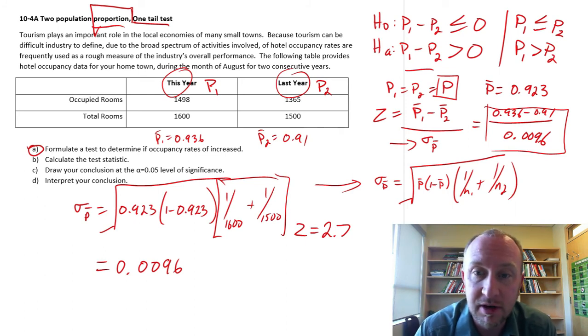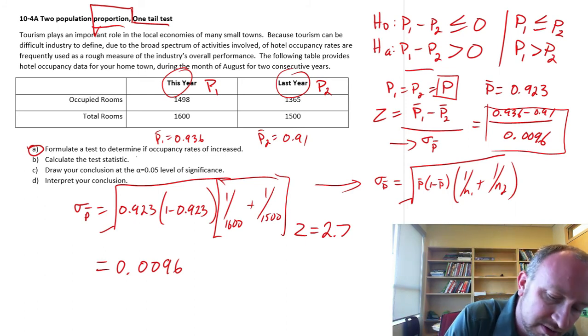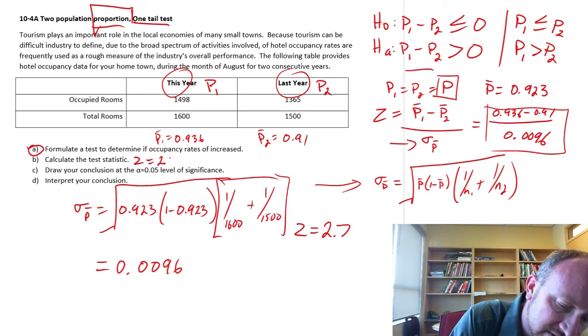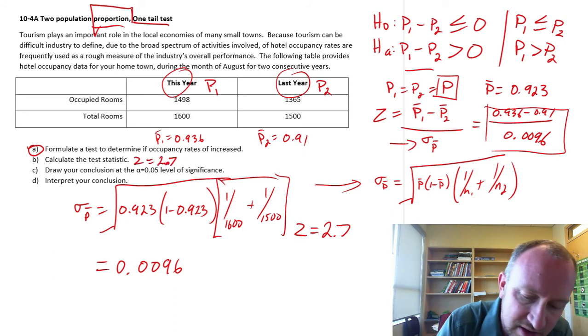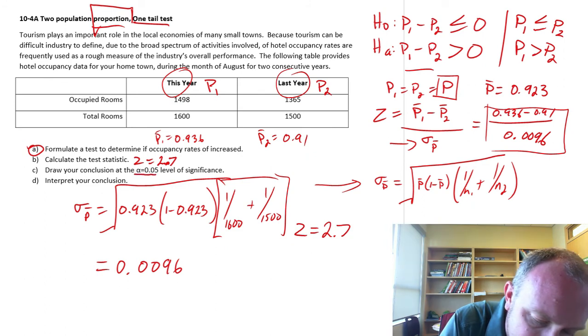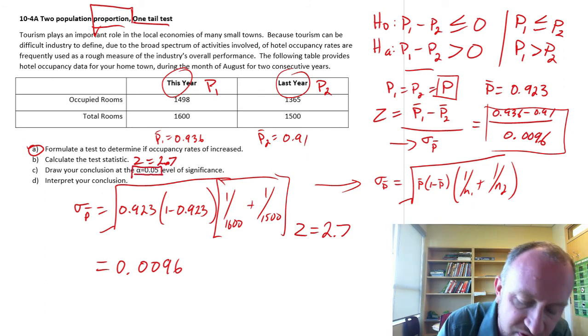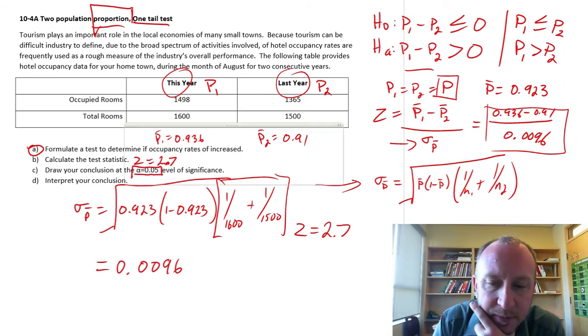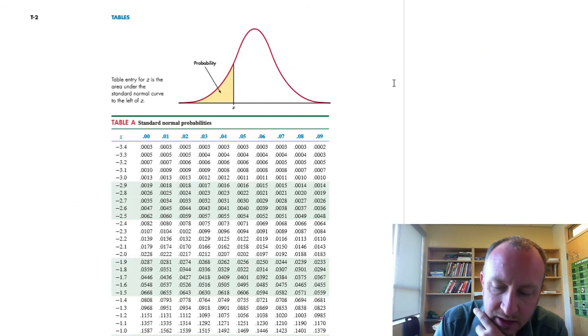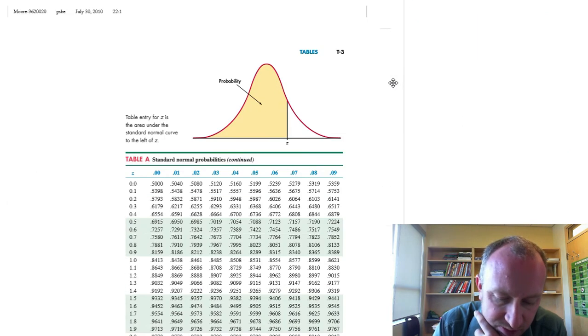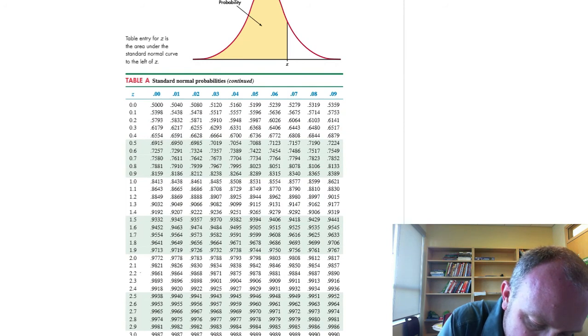Now we can go and look at our Z distribution, and we want to find the corresponding p-value for this. So here we've got our test statistic, our Z value is 2.7. Now let's go find our p-value. Our level of significance is 0.05. So I'll pull up my Z tables, and I have 2.7. I think it was just 2.70.